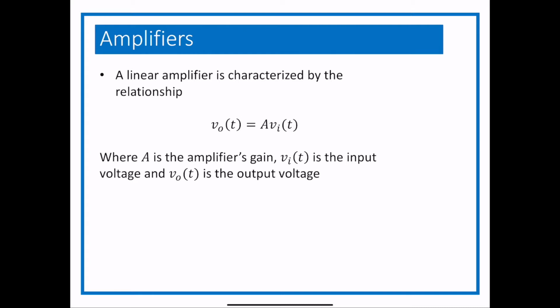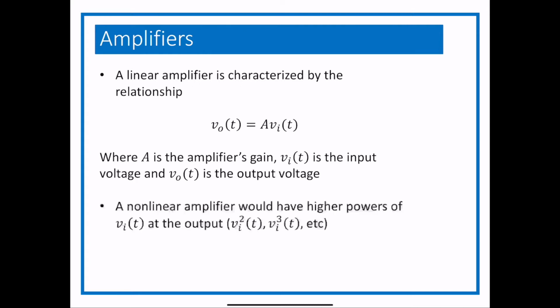But that gain is always going to be a linear relationship. A nonlinear amplifier would have higher powers of V in at the output, so you might have V in squared or V in cubed. We generally are not going to deal with amplifiers that are nonlinear in this class. Generally, all the amplifiers will be linear.